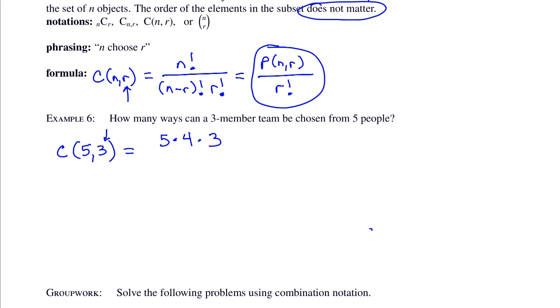I went down 3 numbers, just like in a permutation. Now I have to strip the ordering away. When I strip the ordering away, I divide by the factorial of the number I chose. So 3, 2, 1. What's 10?